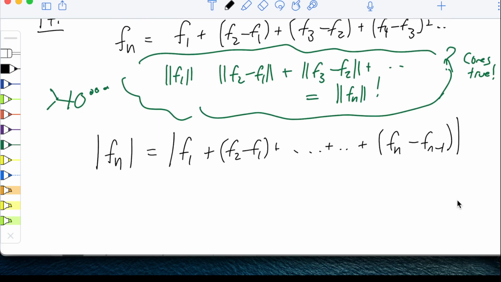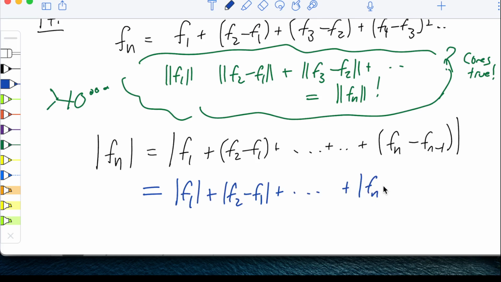Now normally you would have triangle inequality and you would say it's less than some big sum. But this is not triangle inequality. This is triangle equality: f1 plus f2 minus f1 plus dot dot dot plus fn minus fn-1. Why is it true that in this situation it's triangle equality? Because every single term is positive. When you take positive numbers, absolute value doesn't do anything.